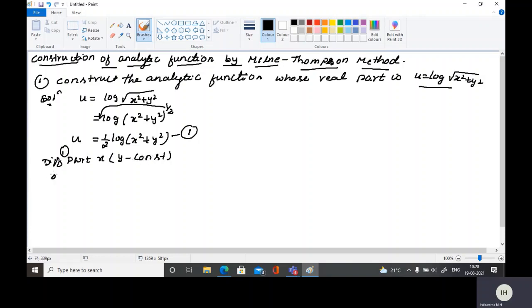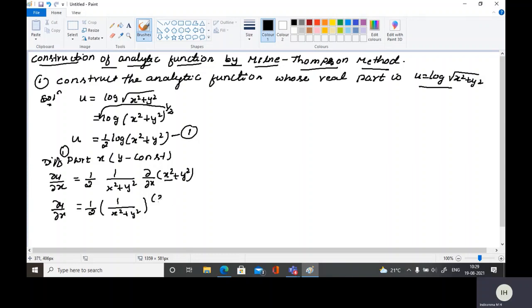So next, differentiation of u with respect to x partially is dou u by dou x is equal to 1 by 2 constant. Differentiation of log of x square plus y square is 1 by x square plus y square into dou by dou x of x square plus y square. Now dou u by dou x is equal to 1 by 2 into 1 by x square plus y square into dou by dou x of x square, which is 2x, plus with respect to x, y constant, differentiation of y square is 0.